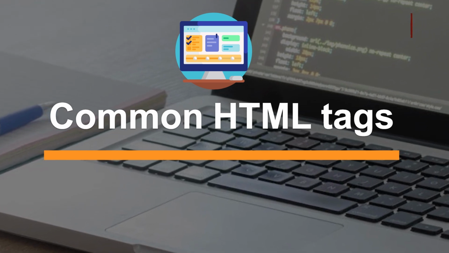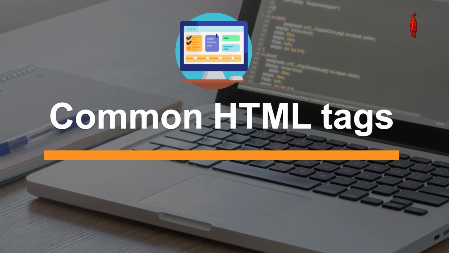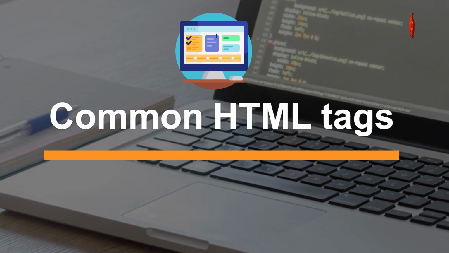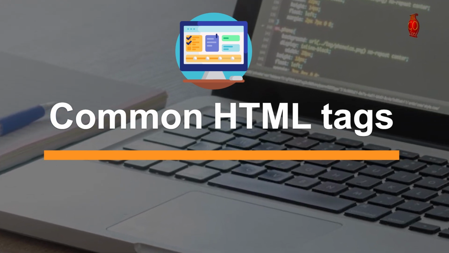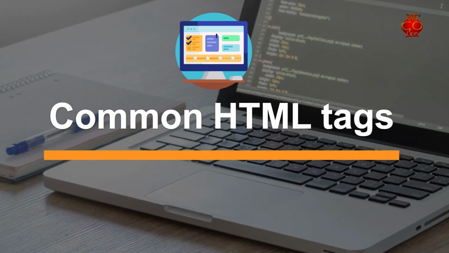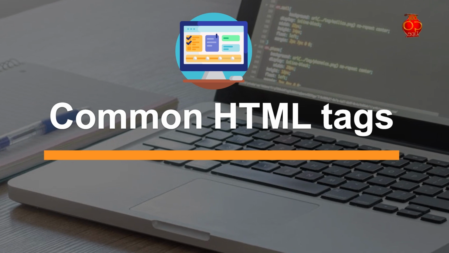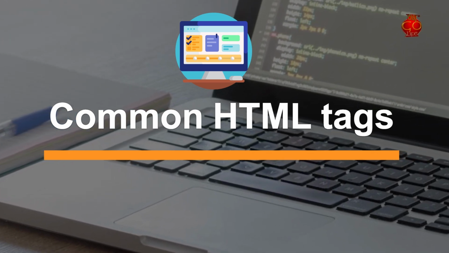Whether you're adding a heading to grab attention, inserting a paragraph to convey information, creating links for navigation, embedding images, or organizing content into lists, each tag plays a specific role. In this section, we'll explore these fundamental HTML tags, demonstrating how they help you craft well-organized and engaging web pages.